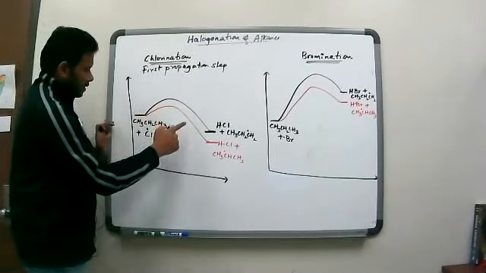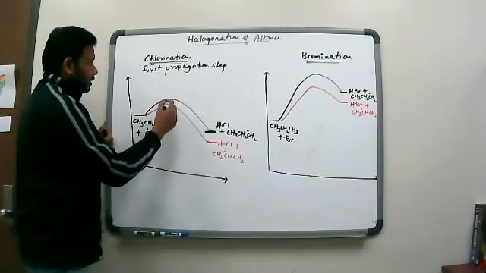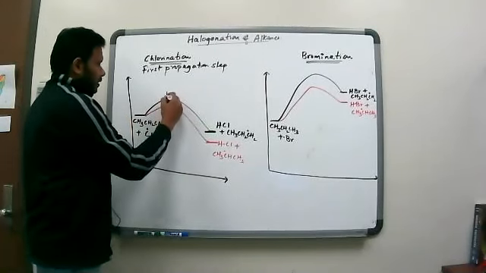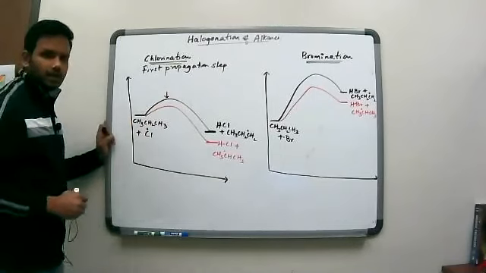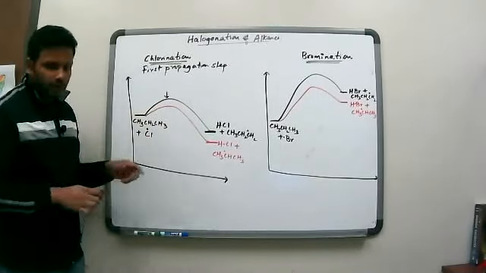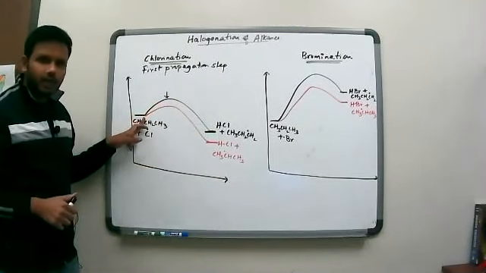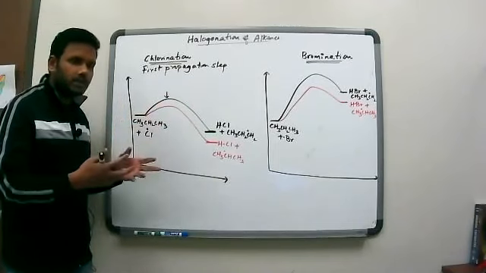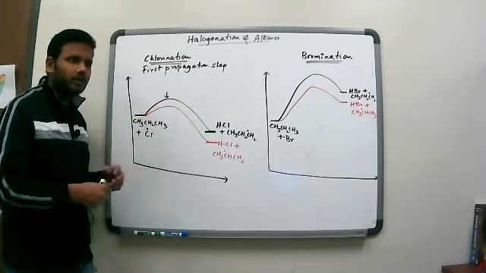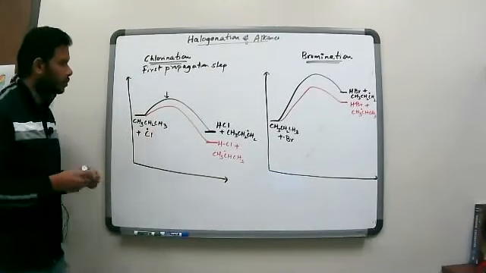Because this is an exothermic process, what we can say is that the transition state is closer in energy to the reactant. That means the transition state should look more like the reactant. Reactant is when we have propane and chlorine radical.